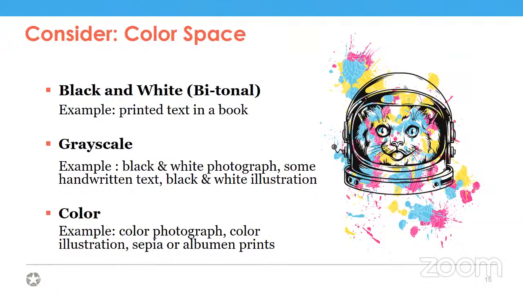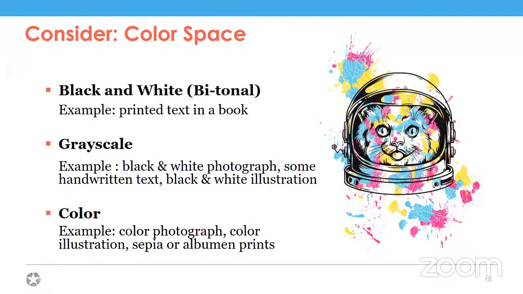Some handwritten text sometimes is better to do in grayscale as well, or black and white illustration. All of those will actually pick up better in grayscale than if you were to scan them black and white. And then lastly, you have color as well. So color photographs, color illustrations.